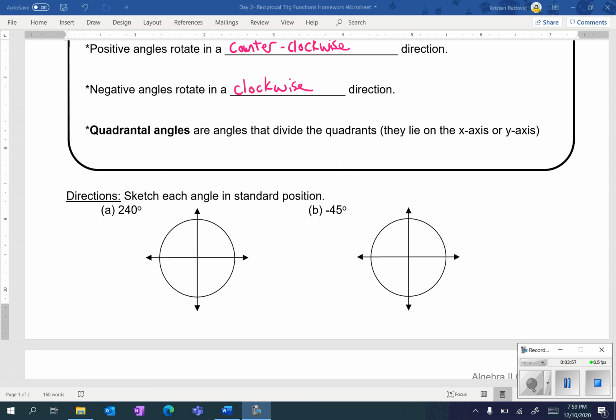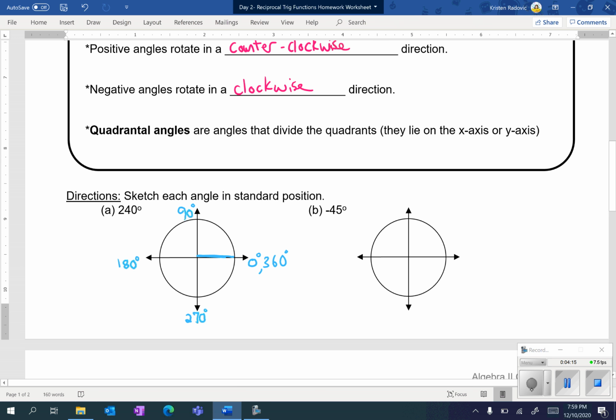If you want to sketch an angle, first you have to label your quadrantal angles to help you know what is on the circle. So now I have my quadrantal angles listed, and then we're going to start at the positive x-axis. Your initial side is always at the positive x-axis. Your terminal side, where the angle ends, is 240 degrees, which is between 180 and 270.